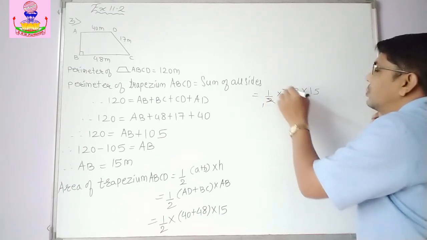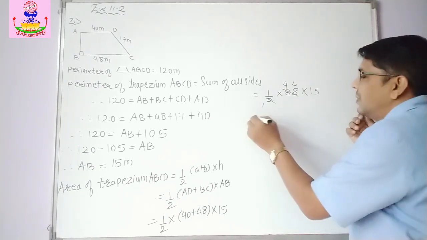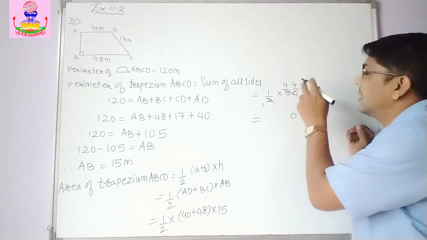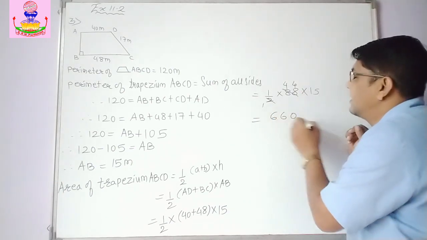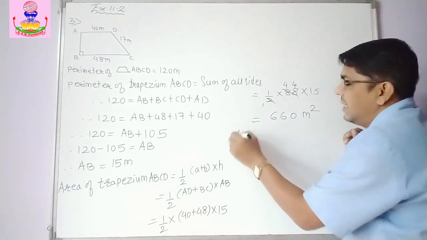So 2 ones are 2, 2 fours are 8, 2 fours are 8. Now 15 fours are 60, 6 carry on. 15 fours are 60 plus 6, 660 meters square. That is my answer.